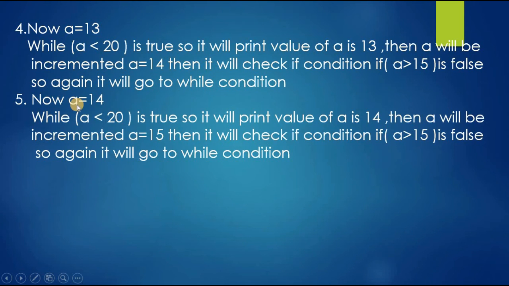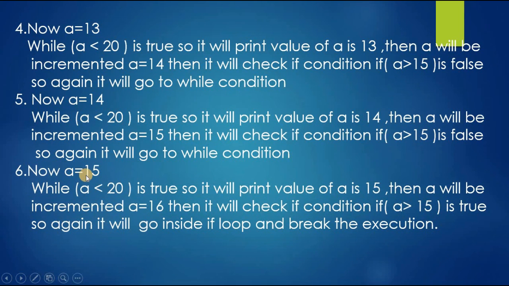And now a is 14 and a less than 20 is true, so it will print the value of a as 14, then a will be incremented. So now a is 15 and it will check the if condition, if a is greater than 15 is false here, so again it will go to the while condition.